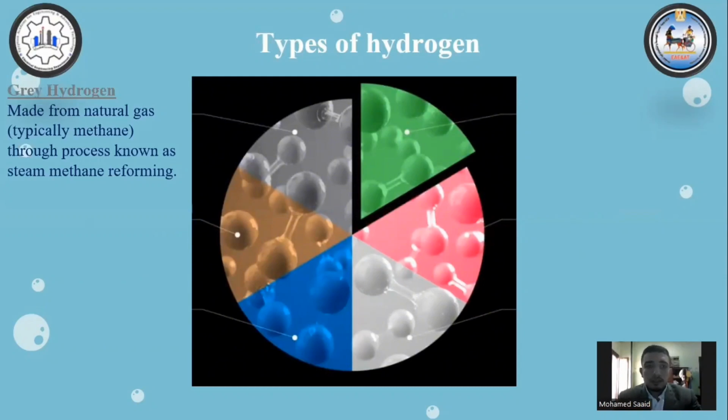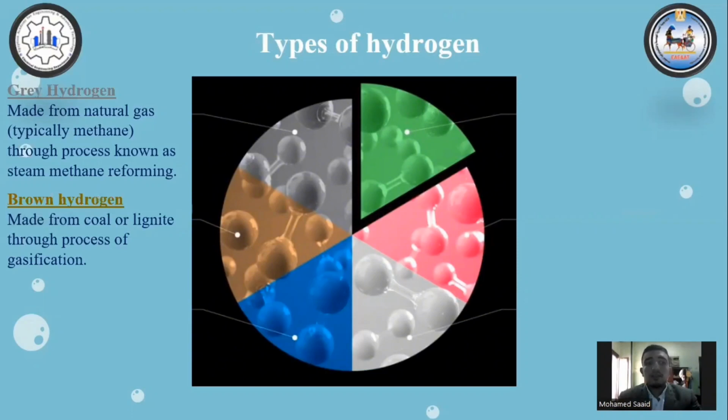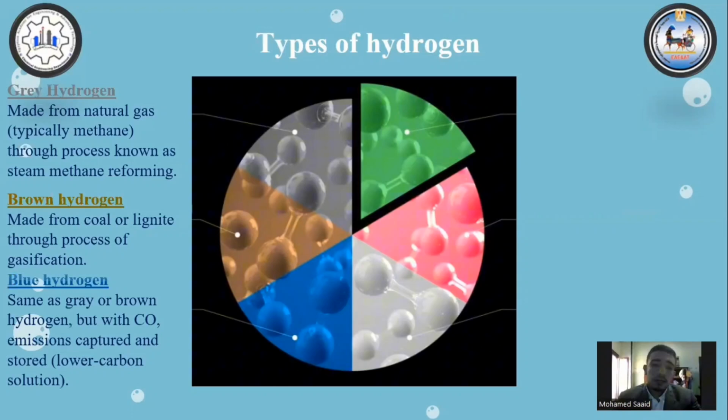The second type is brown hydrogen. It's made from coal or lignite through a process of gasification. Blue hydrogen is similar to brown and gray, but carbon dioxide is captured and stored by using CCS techniques. It's a lower carbon solution.